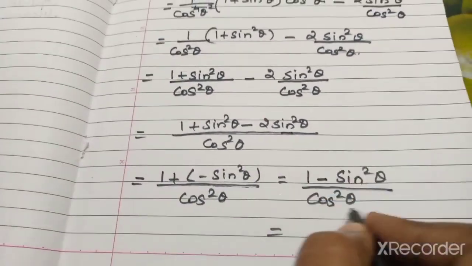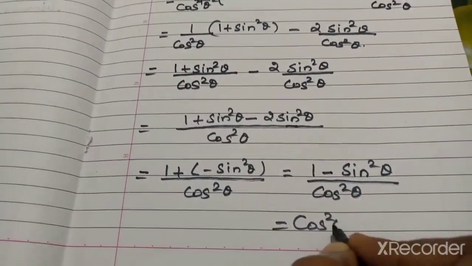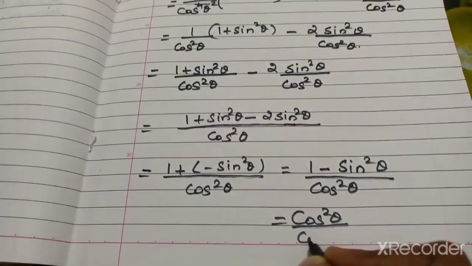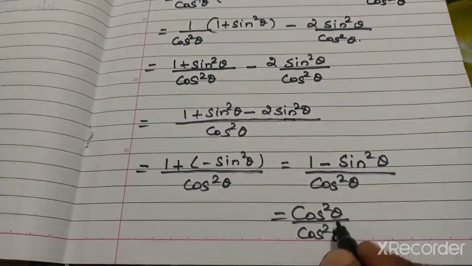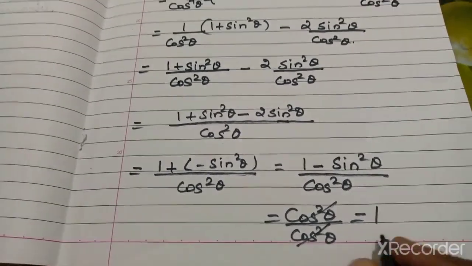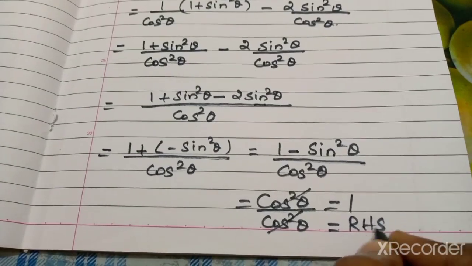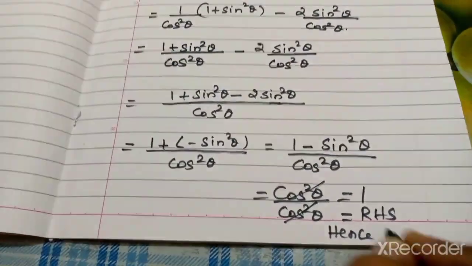What is 1 minus sine square theta? Cos square theta, okay, cos square theta by denominator as it is, cos square theta. Now it can be cancelled, which is equal to 1, which is equal to RHS, hence proved, okay, hence proved.